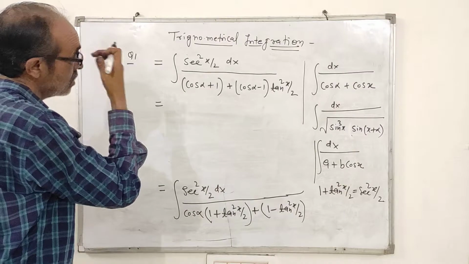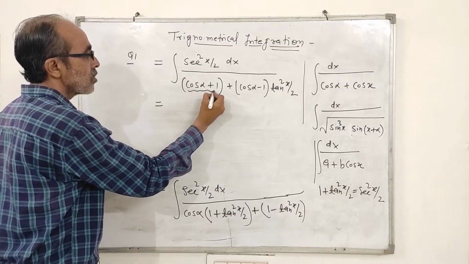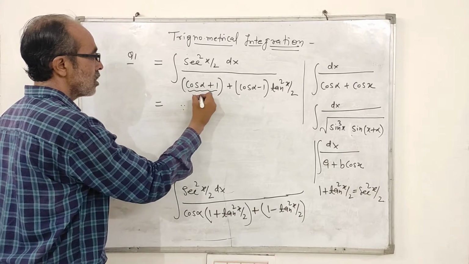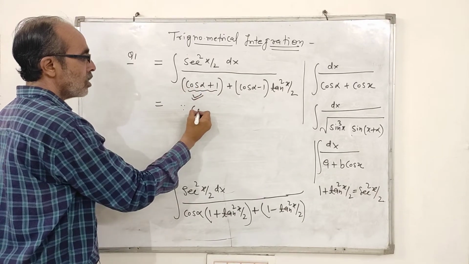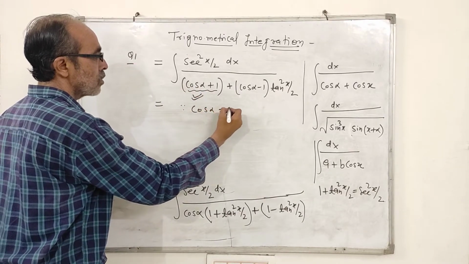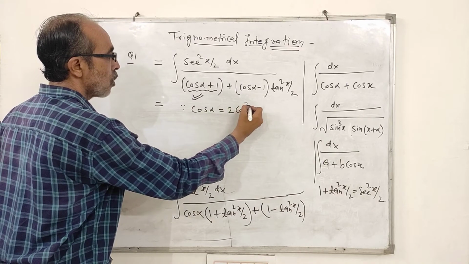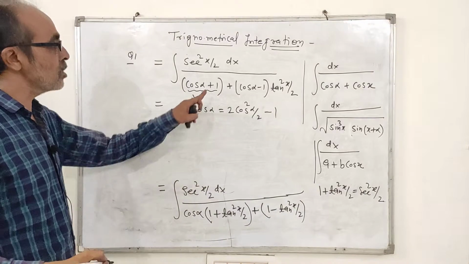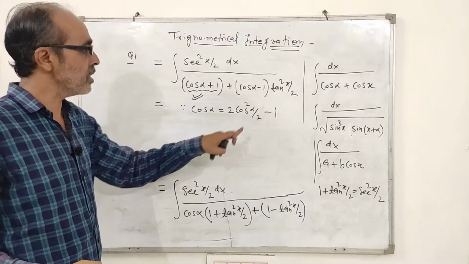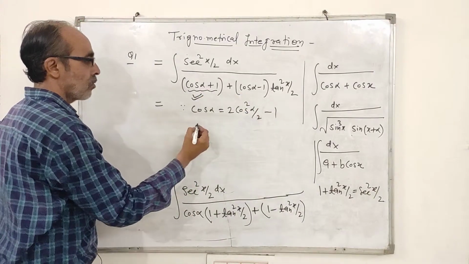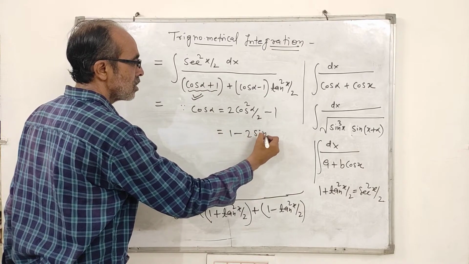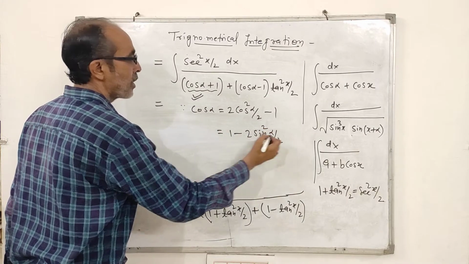Now we change this term using the half angle, because I write cos alpha is equal to 2 cos square alpha by 2 minus 1, so that this negative 1 cancels with the positive 1, and in the other bracket cos alpha is 1 minus 2 sin square alpha by 2.